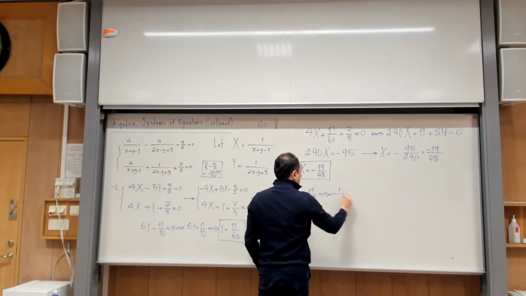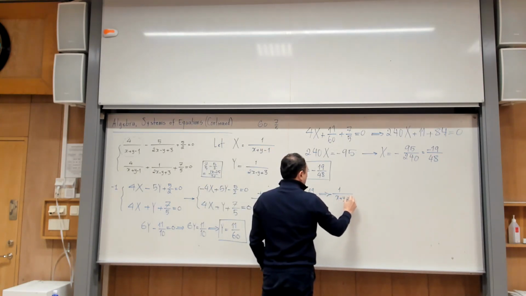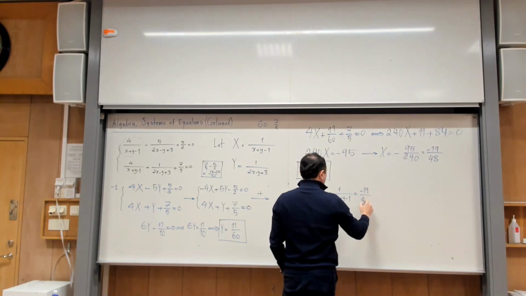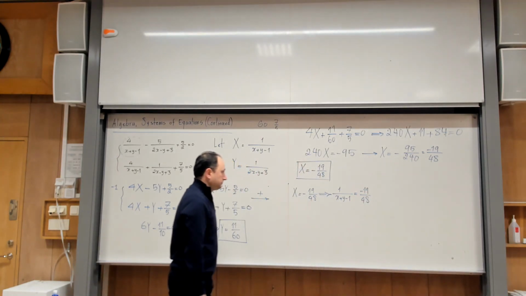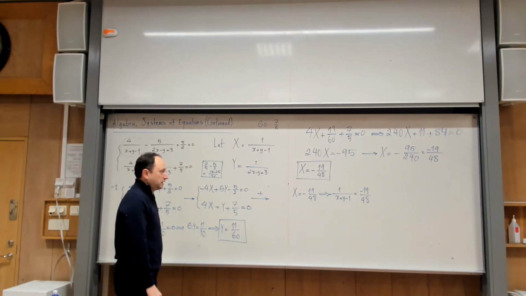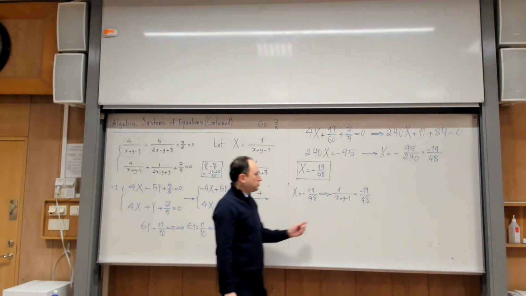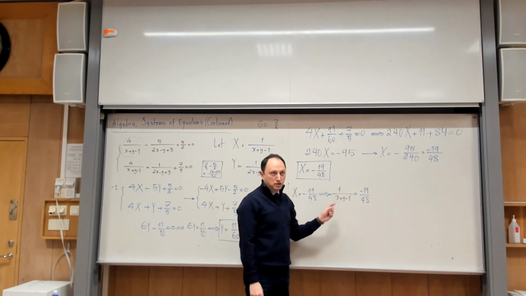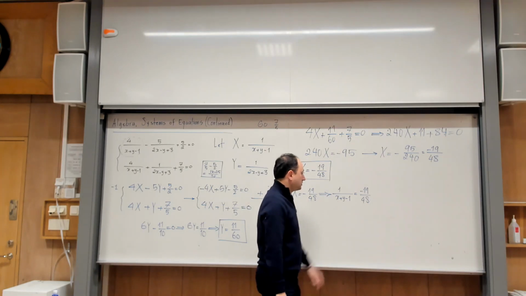It is 1 over x plus y minus 1 is equal to minus 19 over 48. And I told you that it's always good to remember, if two fractions are equal, the product of extremes is equal to the product of means. So I always use that if I have two fractions.